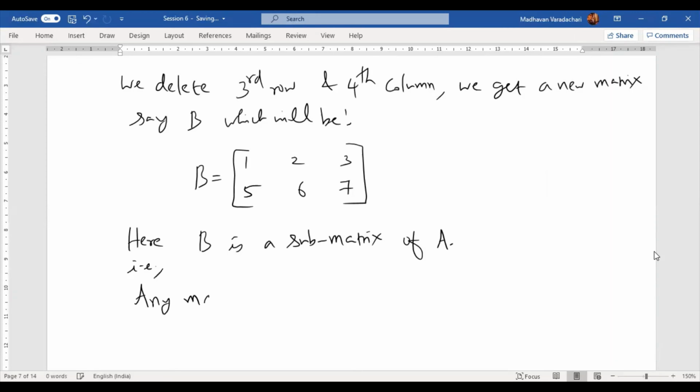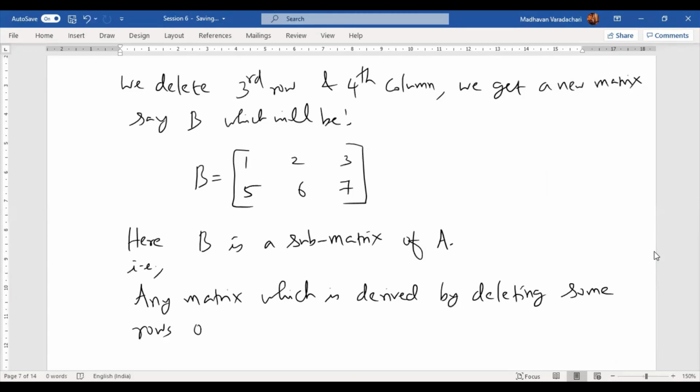Any matrix which is derived by deleting some rows and or columns.